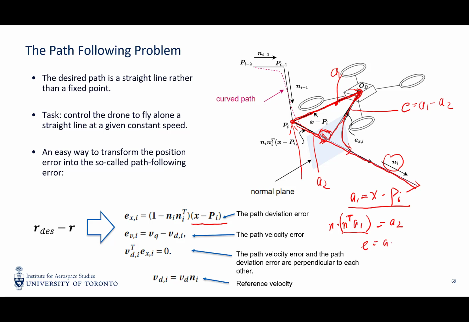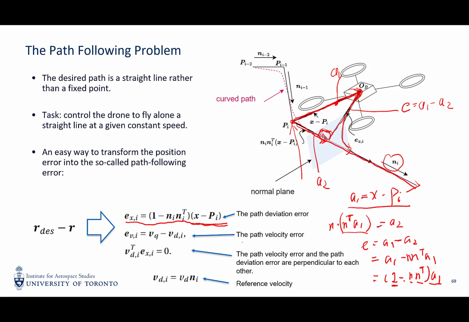So E equals A1 minus A2, which equals A1 minus N N transpose A1. If we extract A1, it equals the identity matrix minus N times N transpose, times A1. This is exactly what we have here for the position error. It's called the path deviation error.